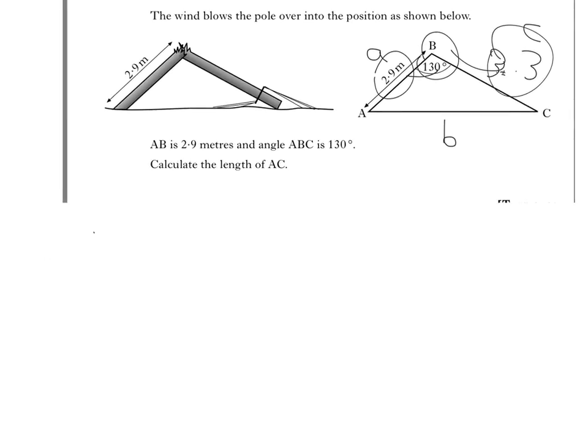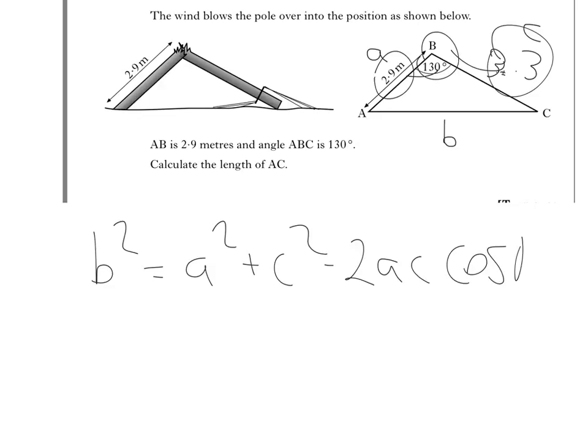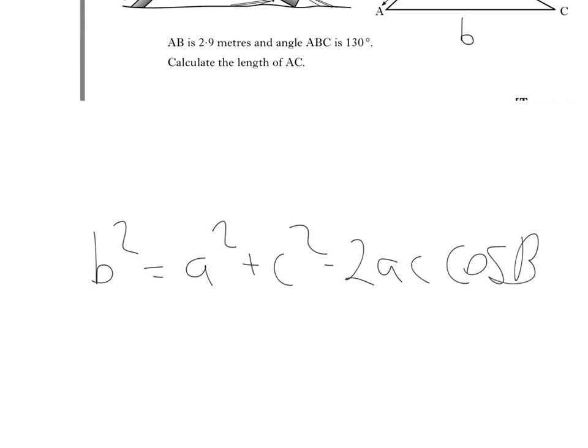So that's going to be b squared equals a squared plus c squared minus 2ac cos B. So I'll just start to enter in information for that.